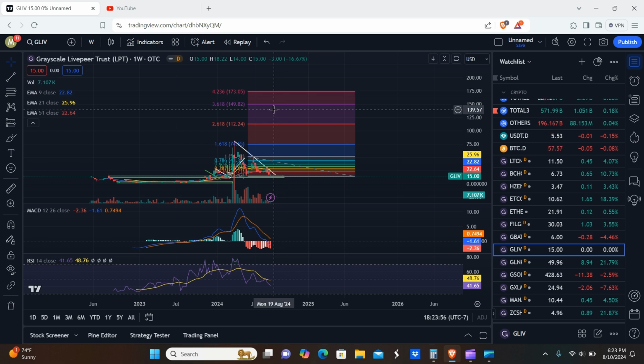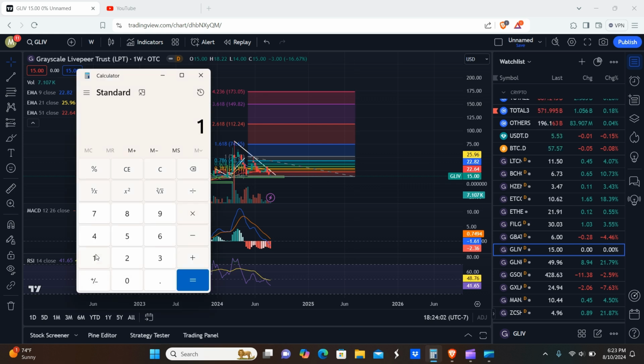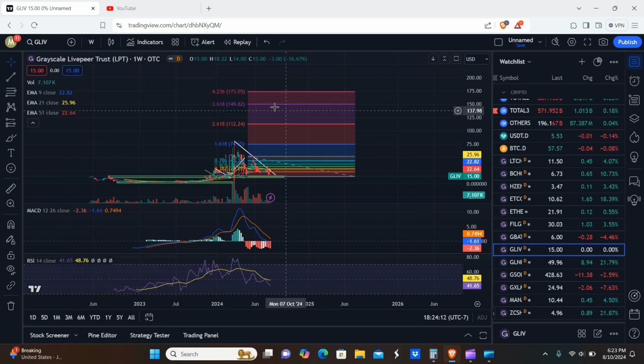So 75, 112, 150, and 170 respectively. So this is GLIV. Still pretty good. I mean, you have a 11x, so it's pretty good money, 22,000.